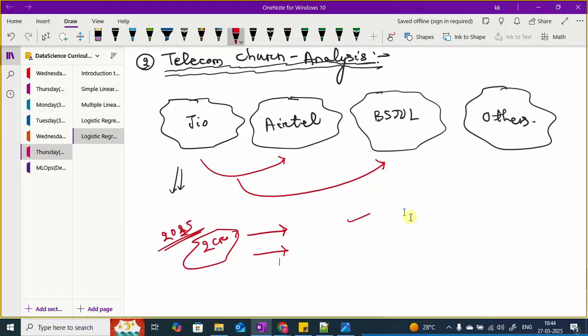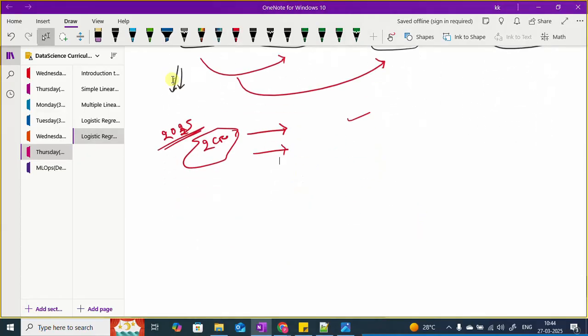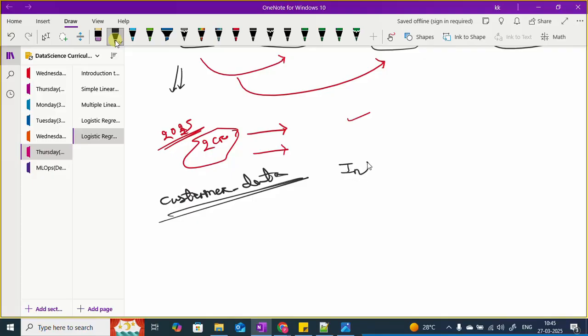Then what happens generally? As part of our discussion, we are taking three different data sets. One is the customer data set, another is the internet data, and the third is the churn data.